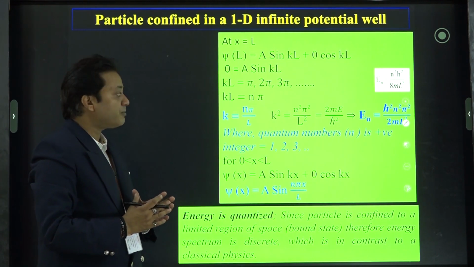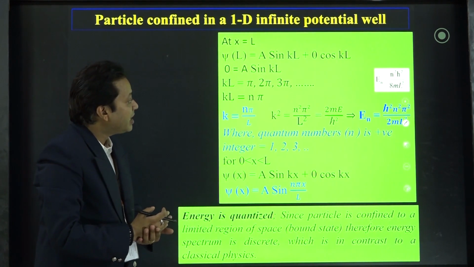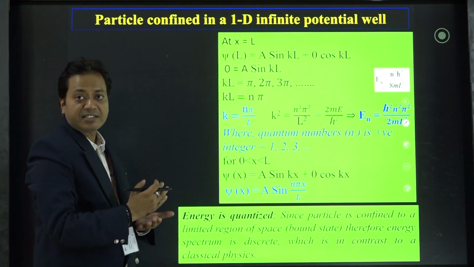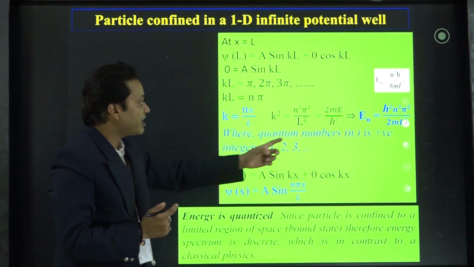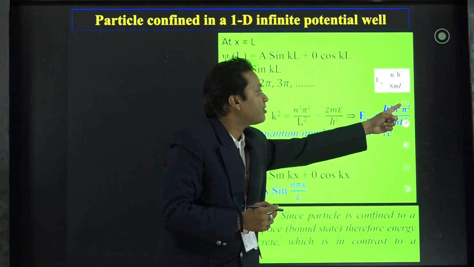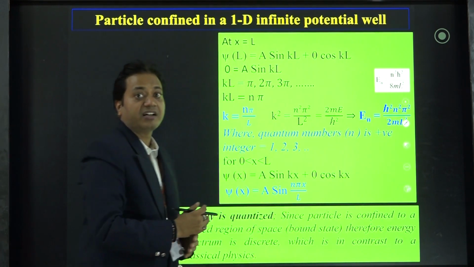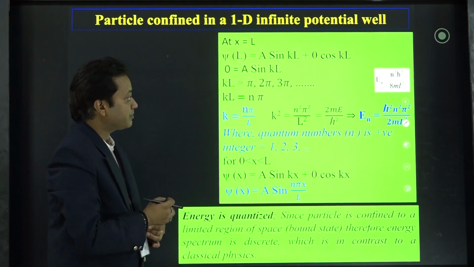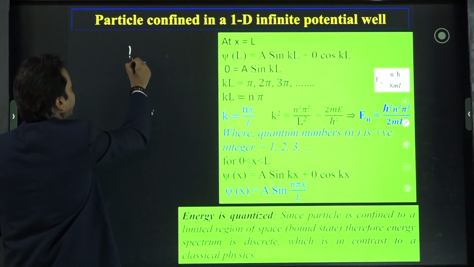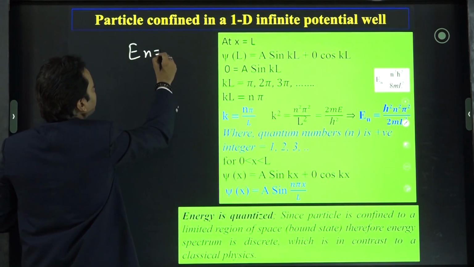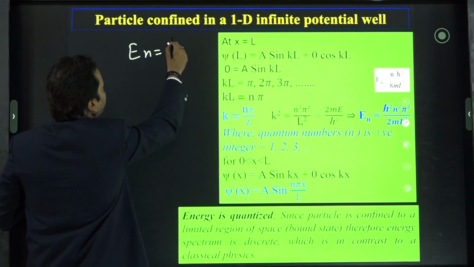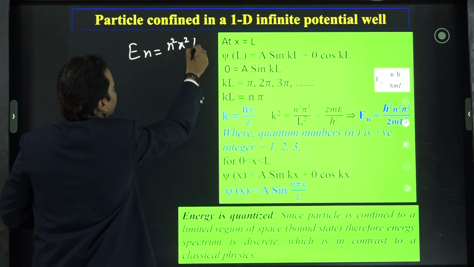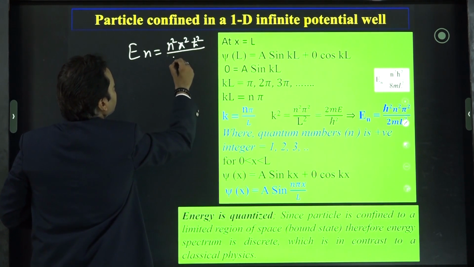Energy is of the form n square pi square. n is a quantum number, so it can be either 1 times h cross square pi square over 2 m L square, or 4 times, different En values we can write also. En is equal to n square pi square h cross square over 2 m L square.